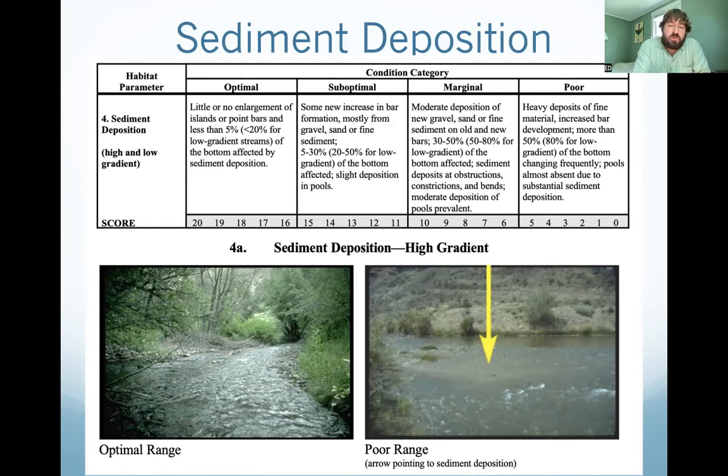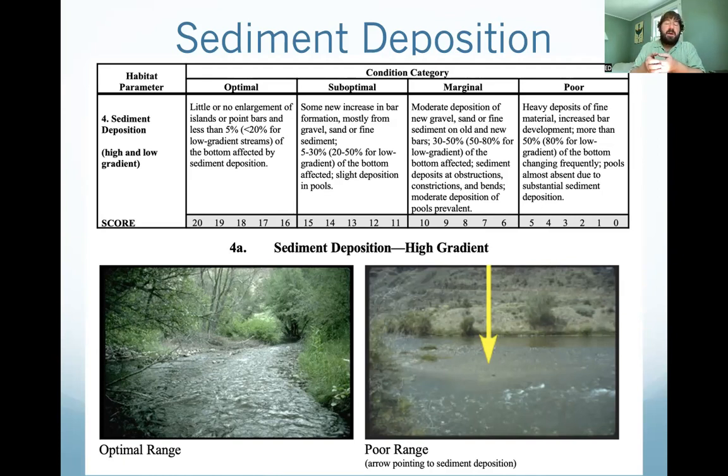Whereas you do see that on the right, and what is pointed out by that arrow is what's called a point bar. And that means in that part of the channel, the river has deposited a lot of sediment there.